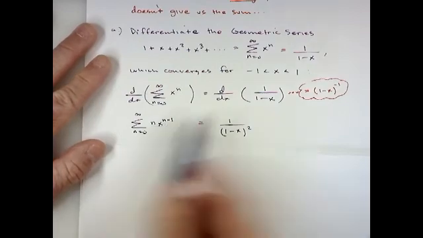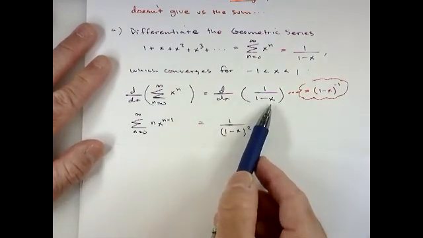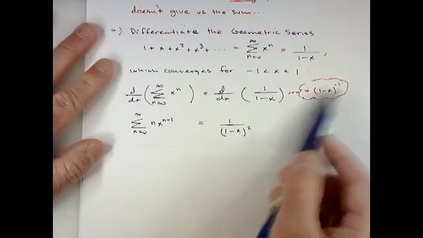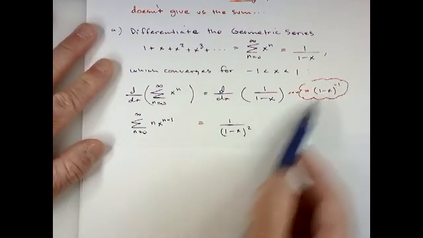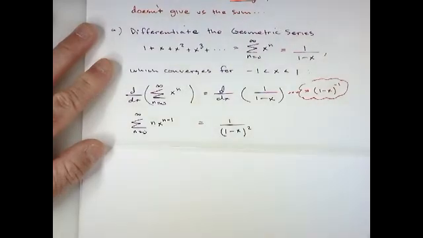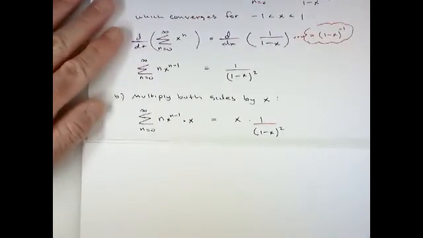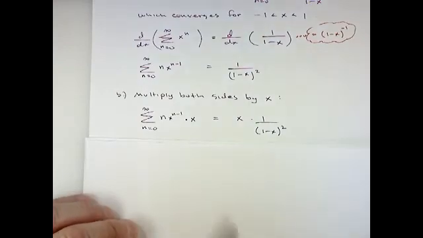That's the derivative of the left side. To take the derivative of the right side, you might want to think of this as 1 minus x to the -1 and do a chain rule. Don't forget the derivative of the inside, and that should leave you with 1 over the quantity 1 minus x squared.